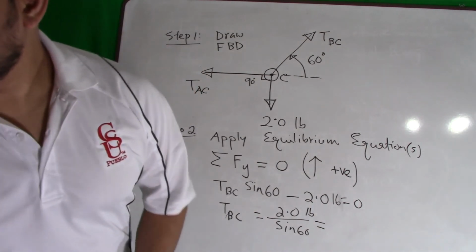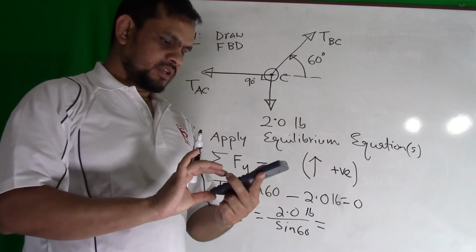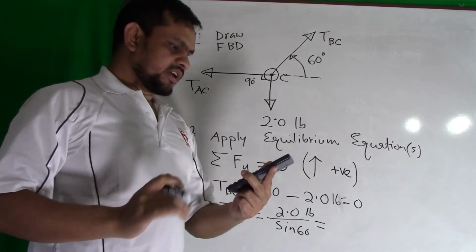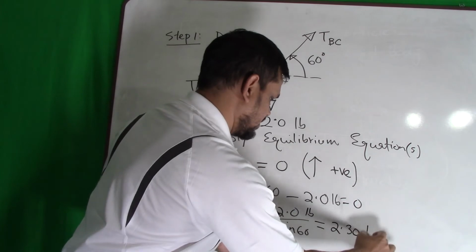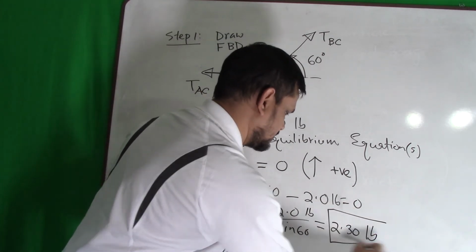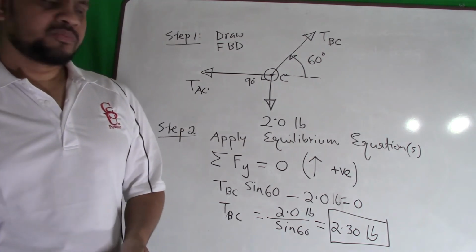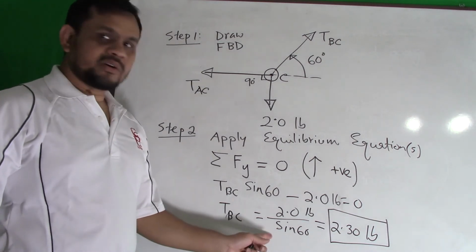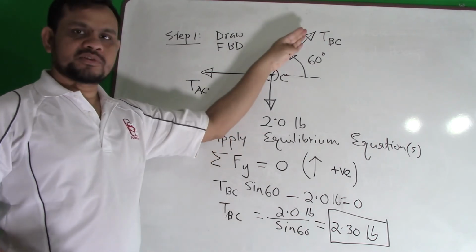If I use my calculator, 2 divided by sine 60, I got 2.309, about 2.31 pounds. That is this force.